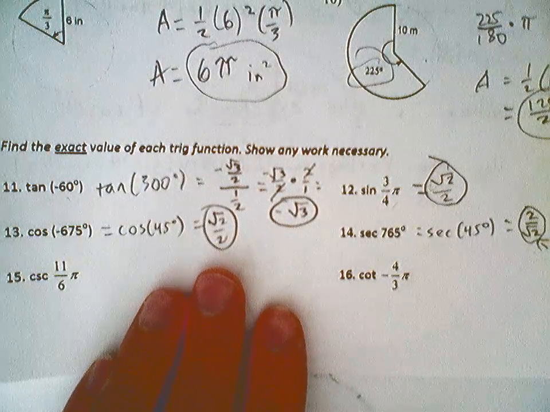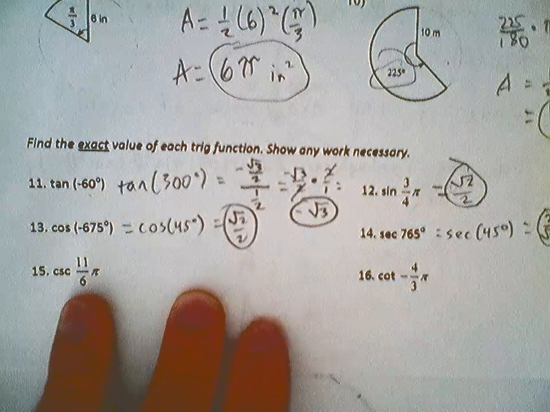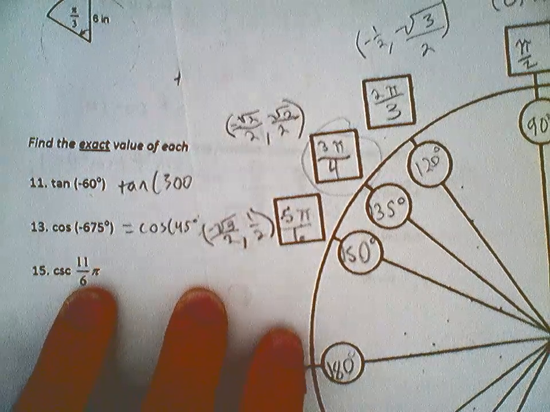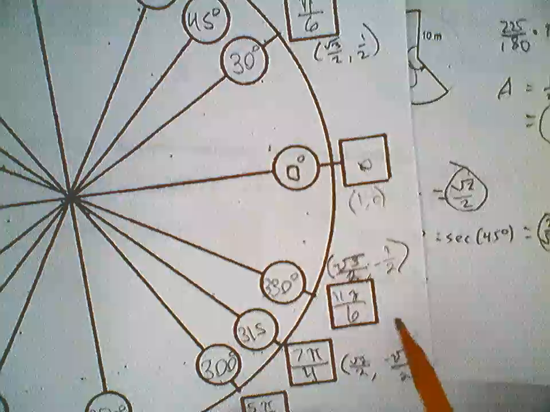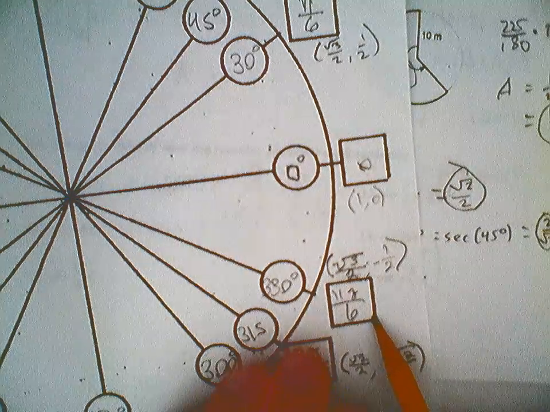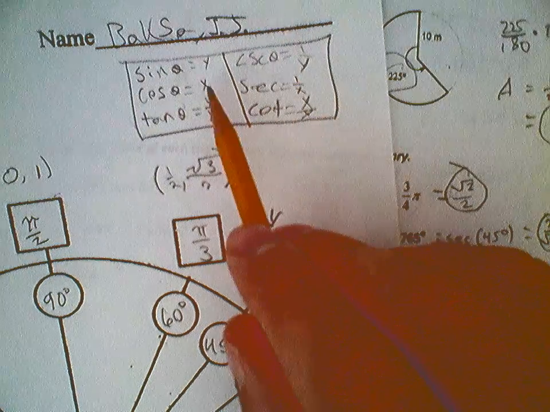Alright, 2 more. We got cosecant of 11 pi over 6. So 11 pi over 6, it's in that fourth quadrant down here bottom right. And we're doing cosecant. So that's the reciprocal of sine.